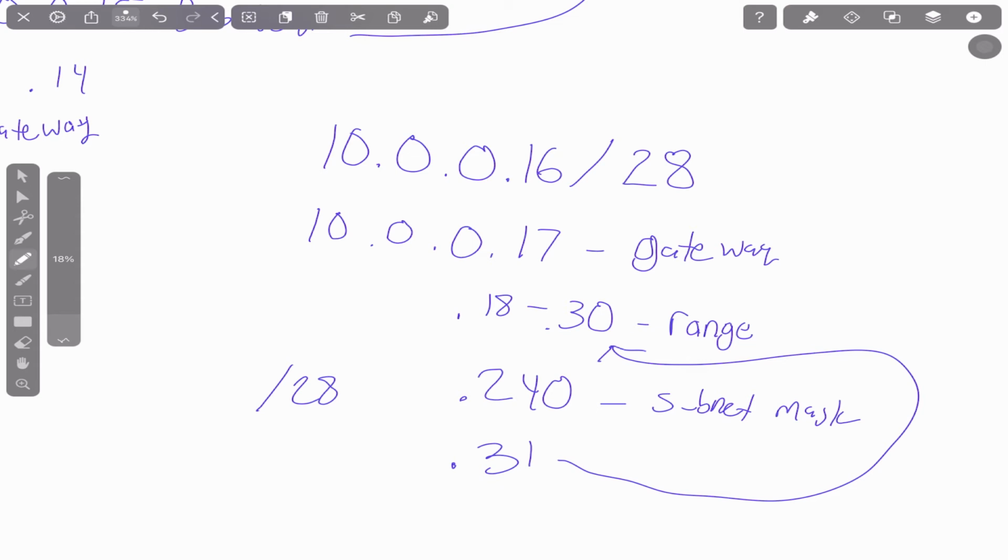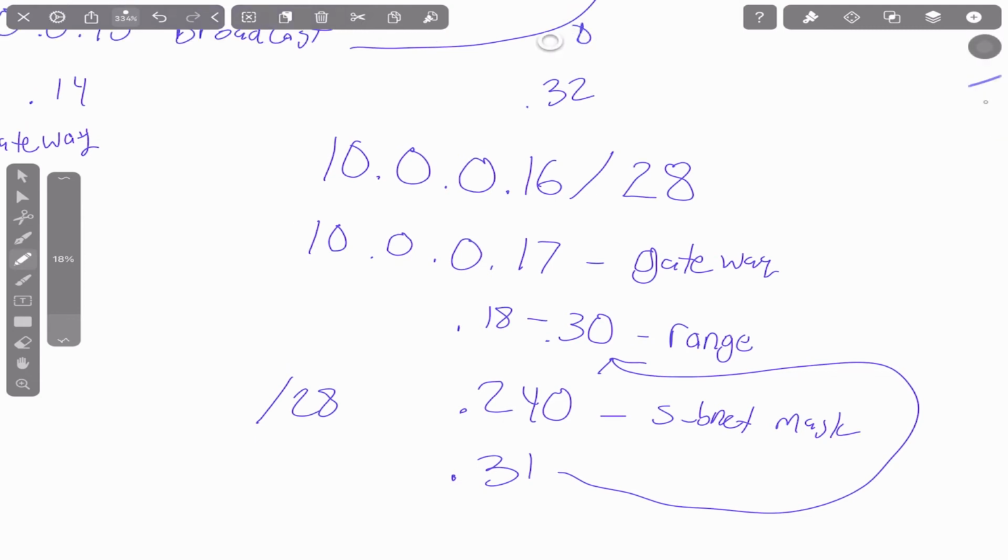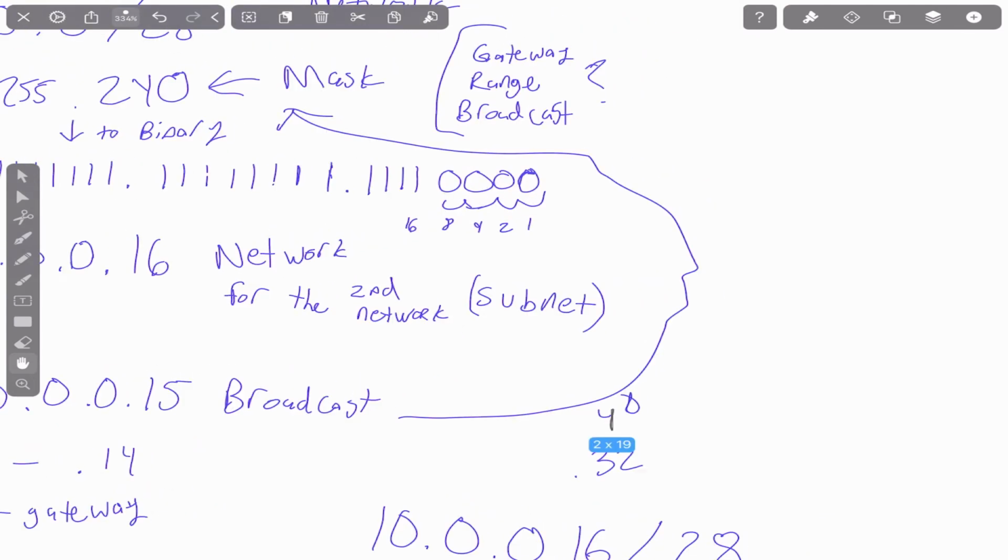So remember here it's 16. So the next subnet would be 32. And then it would be 48, because you're going up by 16. So 32 plus 16 is 48. So for /28, you're going in multiples of 16.